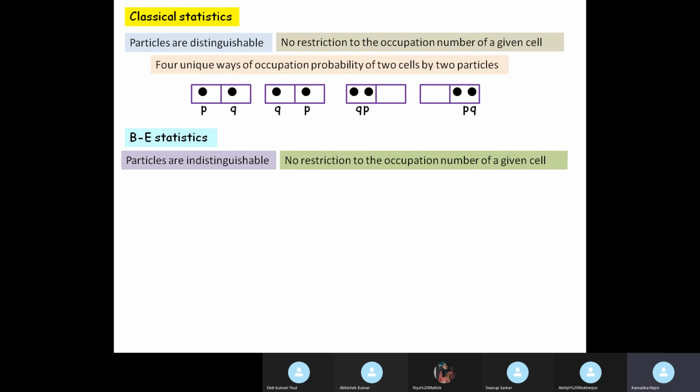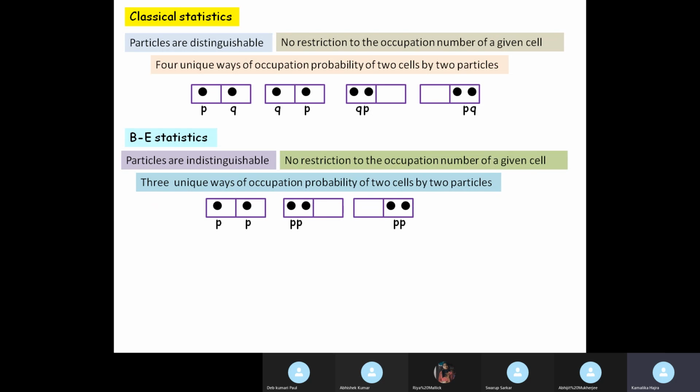No restriction on the occupation number of a given cell. So the only difference between classical and BE is that here particles are distinguishable, here particles become indistinguishable. So 3 unique ways of occupation of 2 cells by 2 particles. Either this or this or this.